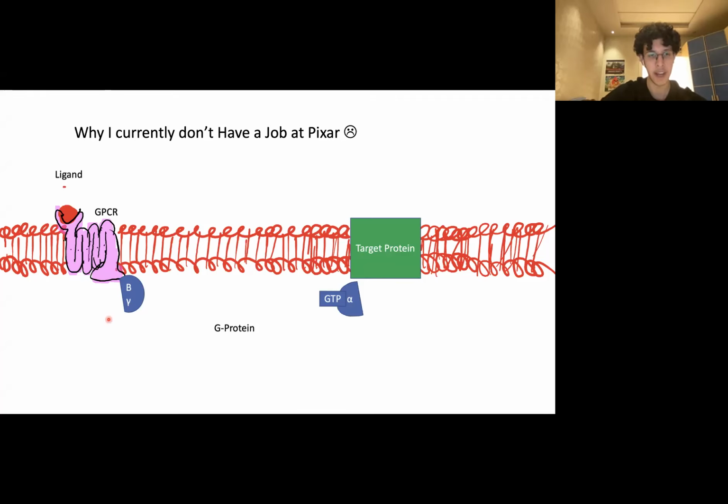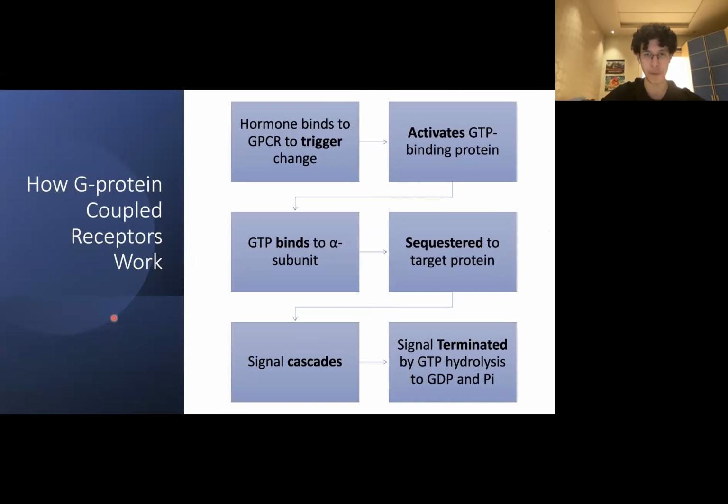So let's just repeat again. I'm not going to use my animations. I'm just going to stick with the words because I think it's a lot easier for everyone, including myself. So just to repeat one more time, a ligand will bind to the GPCR. This triggers a change. The G protein will be activated, and we activate it by binding GTP after releasing GDP.